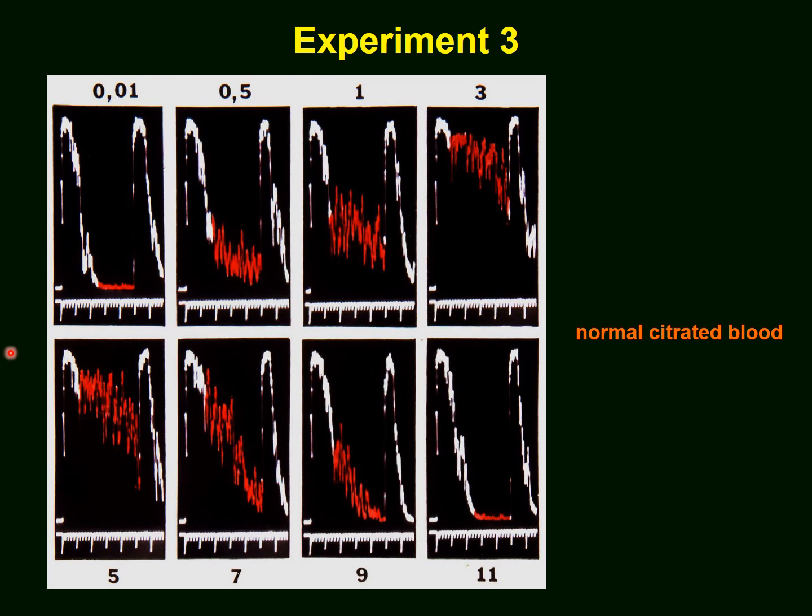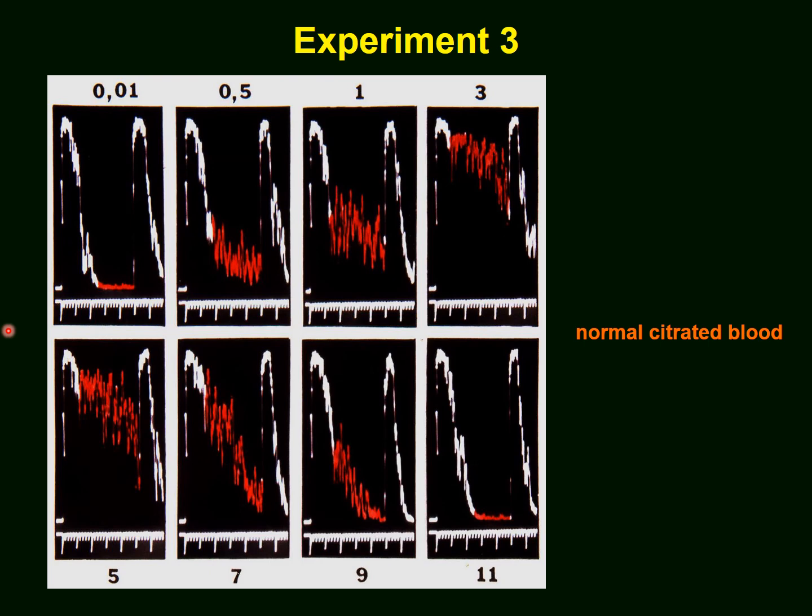In experiment number 3, we are going back to the various samples of normal citrated blood with different cell counts, and we remember that the reflectivity increases with the cell count to a certain point, then decreases again.